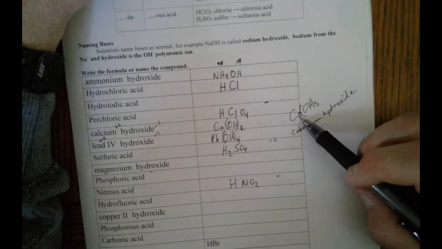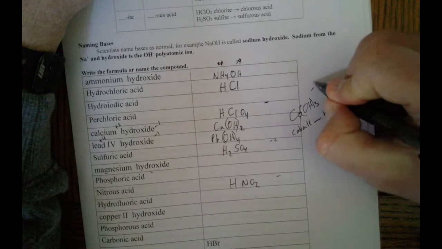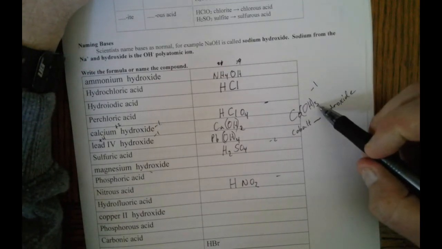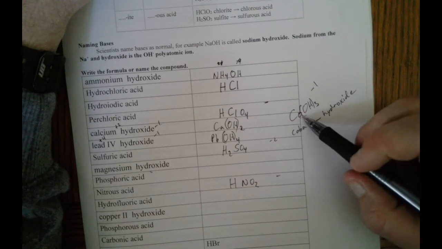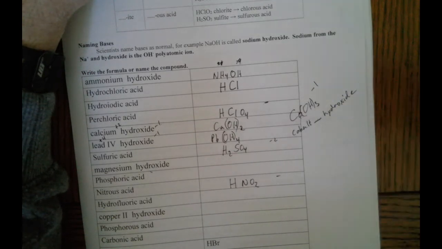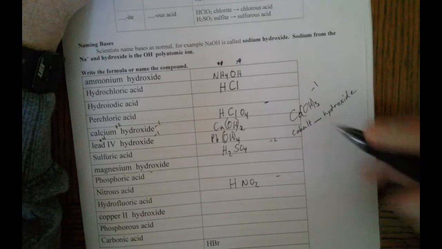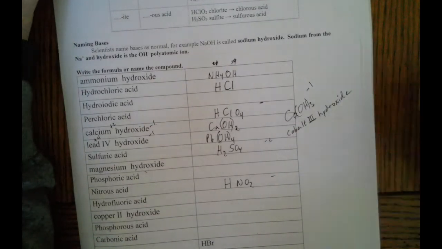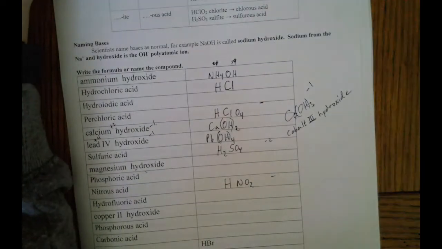So what is the charge of the cobalt? Well, we know the charge of the hydroxide is -1. We know we have 3 of these for a total of -3. We have 1 cobalt. How can this cobalt counteract a -3 charge? By having a charge of 3. So cobalt(III) hydroxide. So there you go.